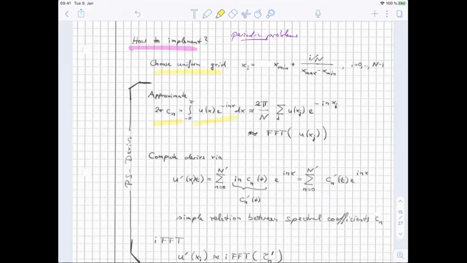However, this integral turns into, using a Gaussian quadrature formula, a sum at the grid points. And this sum at the grid points for periodic problems turns out to be a fast Fourier transform.